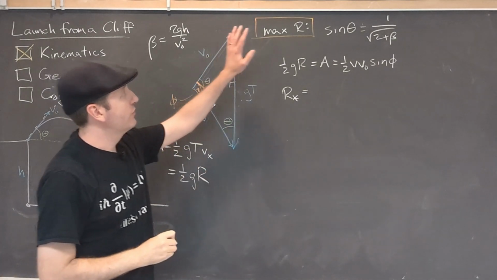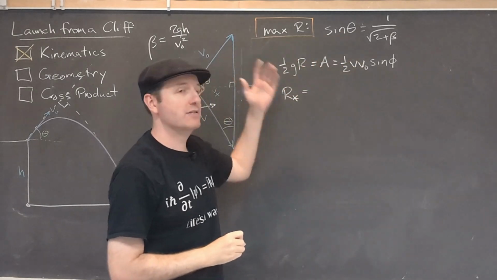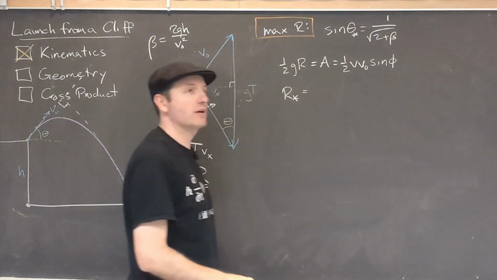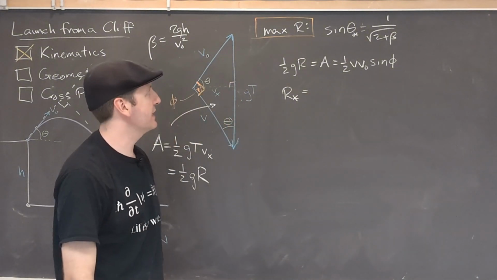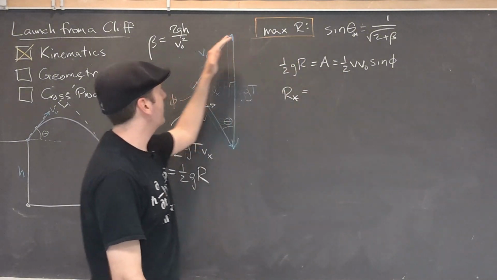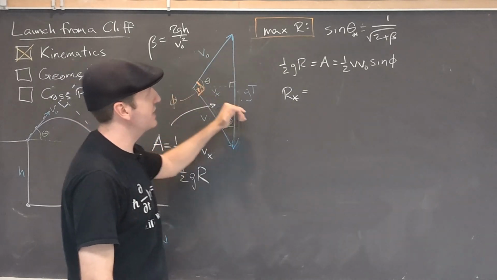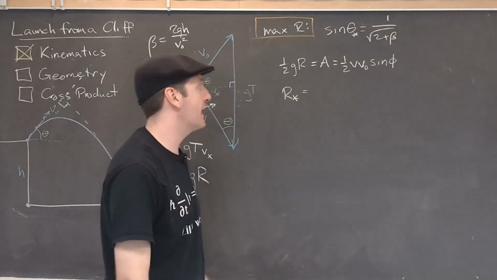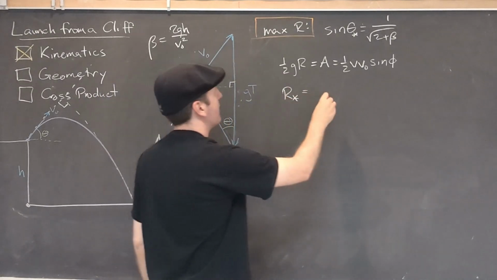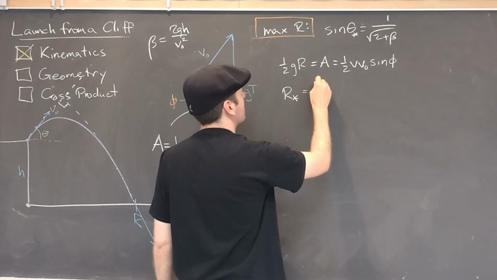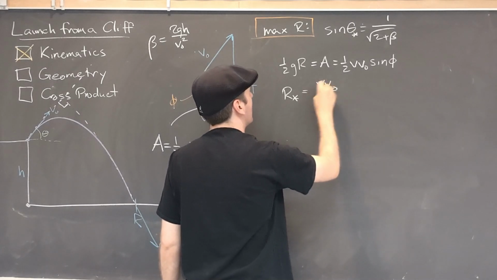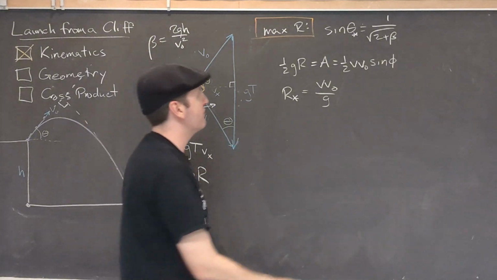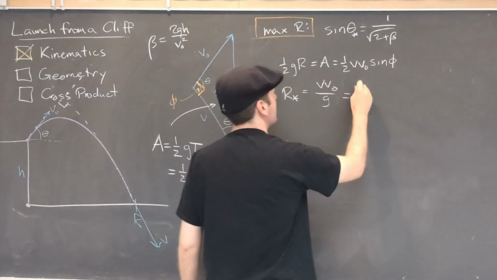Okay, so here's our condition on theta that maximizes the range. Maybe I'll call it theta star or something to indicate we're talking about a maximal version of theta. Here's our formula for the area of this triangle. We just said it's maximized when sine phi equals 1, in other words, when it's a 90-degree angle. And if we use that, we can immediately write down that R is going to be V naught over G. But we know what V is from conservation of energy.